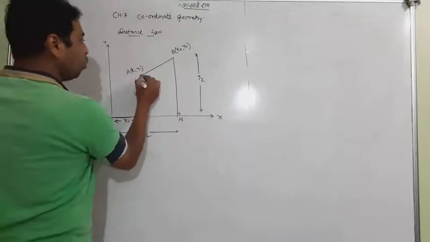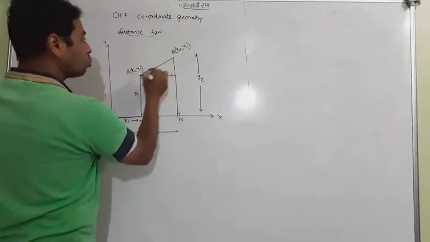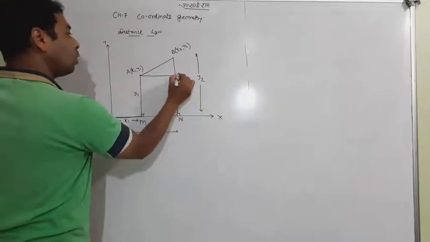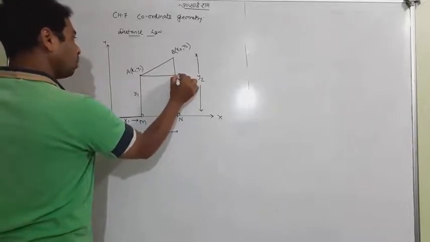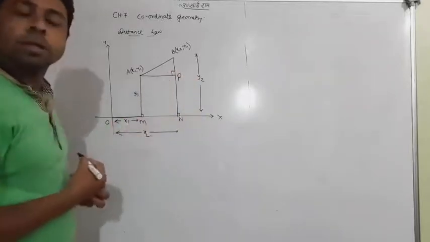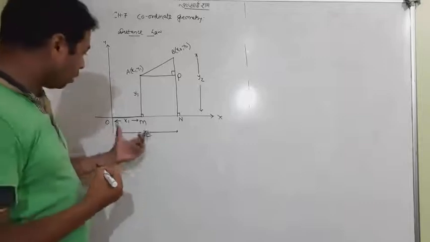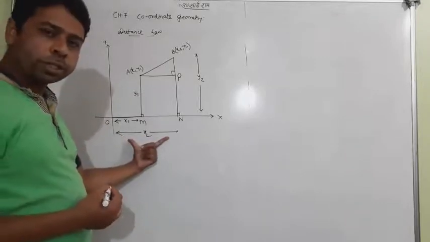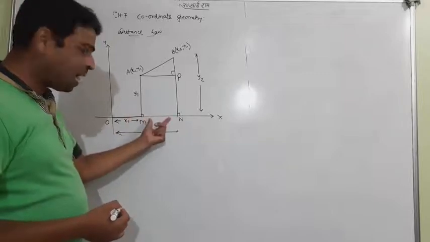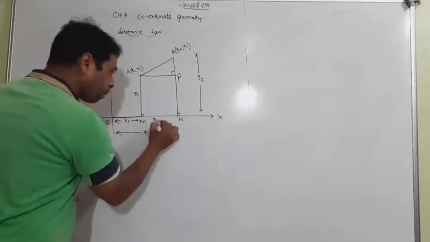A very simple thing. Now do some more work: draw the perpendicular from A to the line from B, and suppose it is called P. Now look at this: the whole distance is x2 and this distance is x1, so the remaining distance is x2 minus x1.